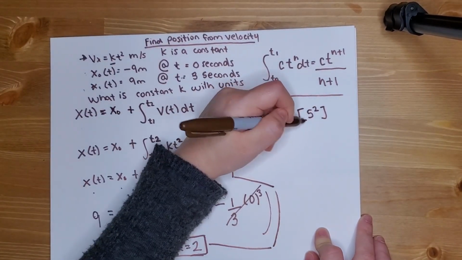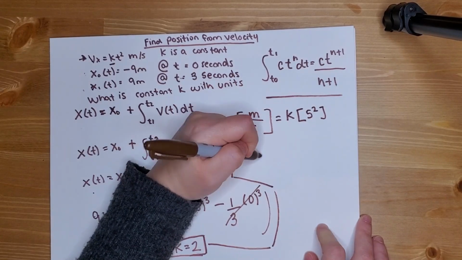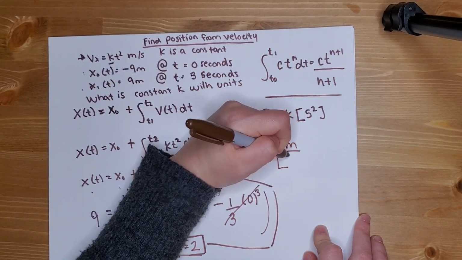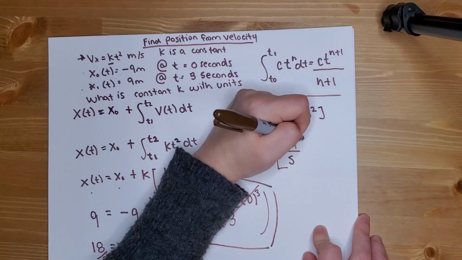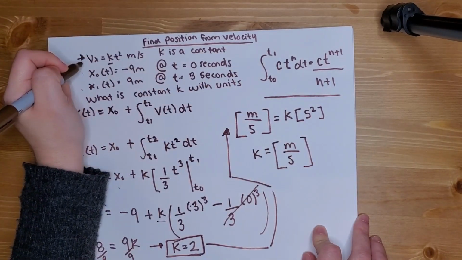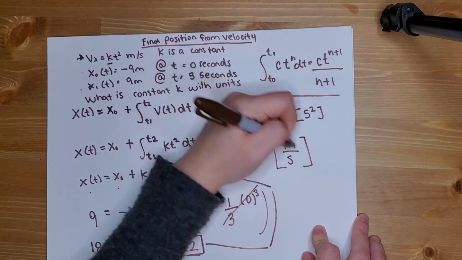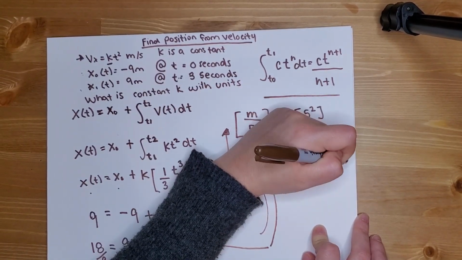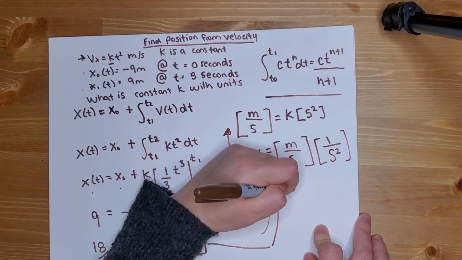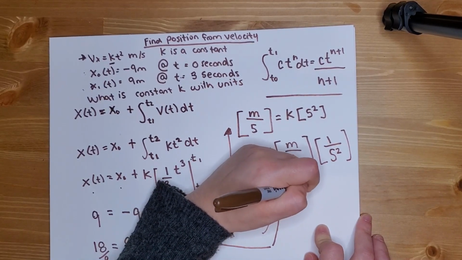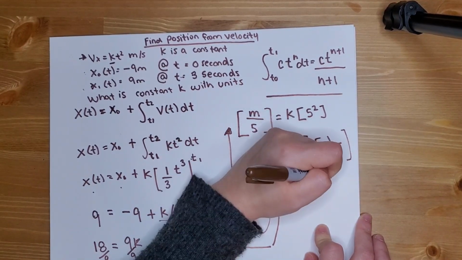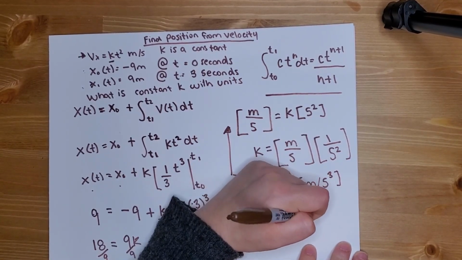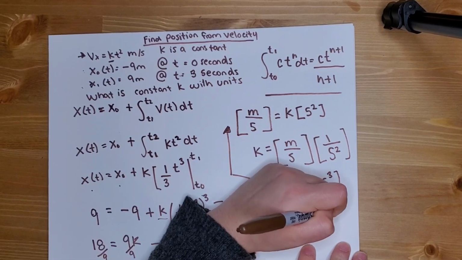To solve for my k, I move this over here, so k equals meters per second, which is what I had originally, times 1 over seconds squared. So my units for k are actually meters per second cubed. So my k equals 2 meters per second cubed.